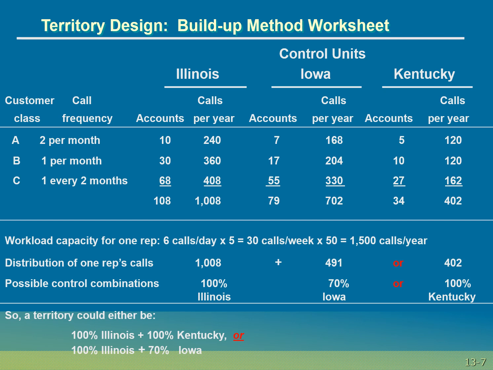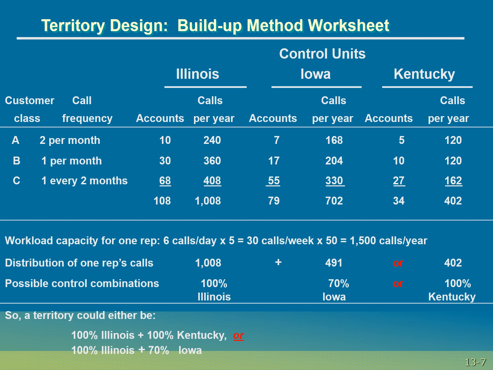You can ask this rep to visit all 1,008 in Illinois, plus maybe 491 out of the 700, because 1,008 plus 491 gives you about 1,500, right?